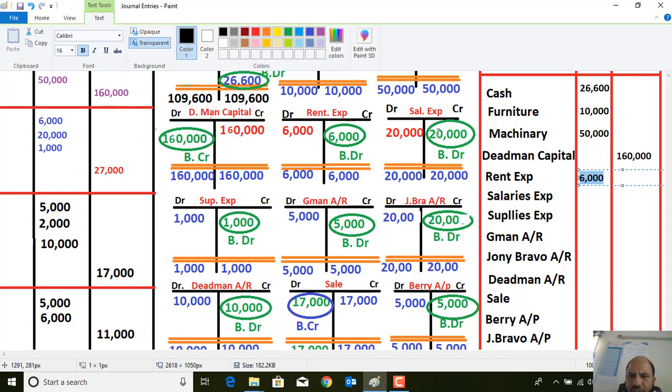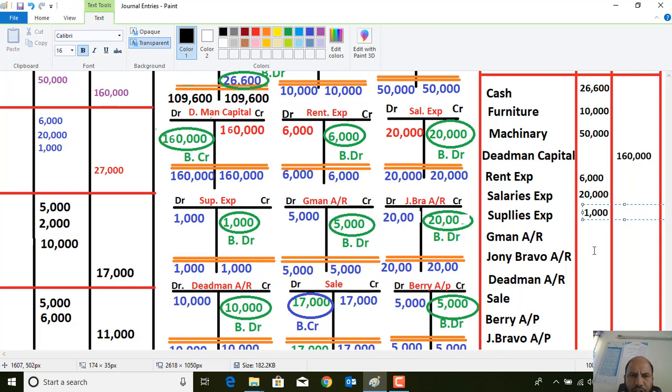If you see over here, the salary expenses is 20,000 and it is also available at the credit side, but we have mentioned over here that it is a debit balance, so we will record 20,000 at the debit side. We have supply expenses which are equal to 1,000 rupees, so we will record supplies as 1,000 rupees.